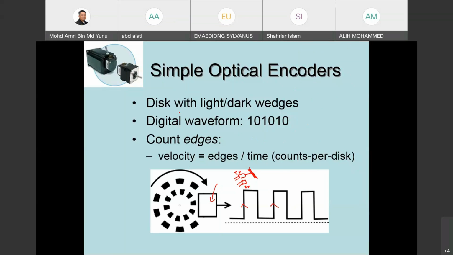So basically this has light and dark wedges, and the output will be digital. In this case, the light or dark wedges are made at equal distances between them.